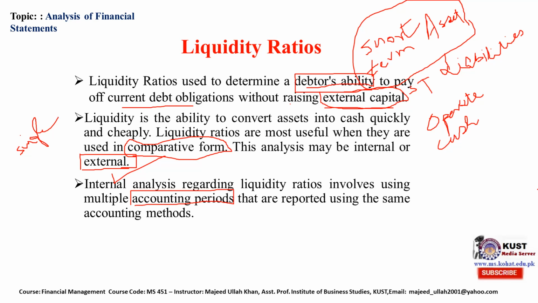Let's suppose KCCL, Quad Cement Company Limited, is a company operating in the cement industry, and we calculate its liquidity ratio and compare it over, let's suppose, 5 years.